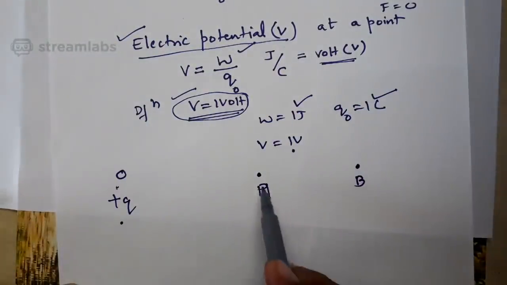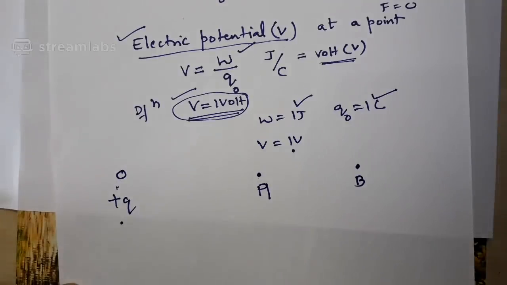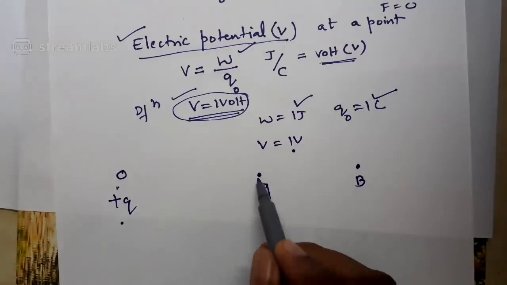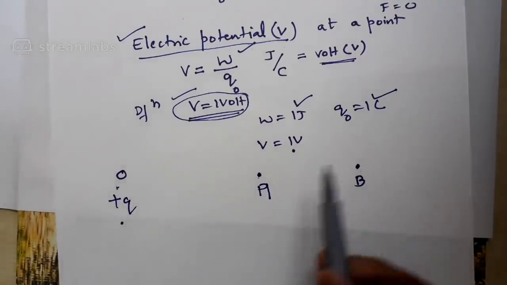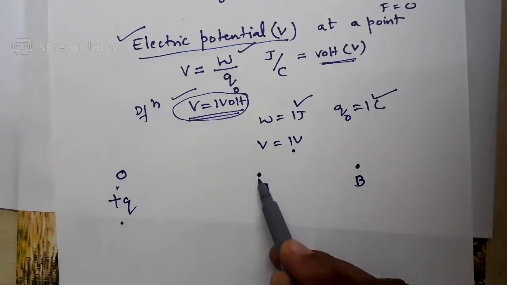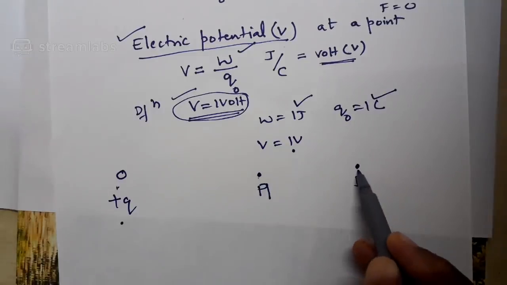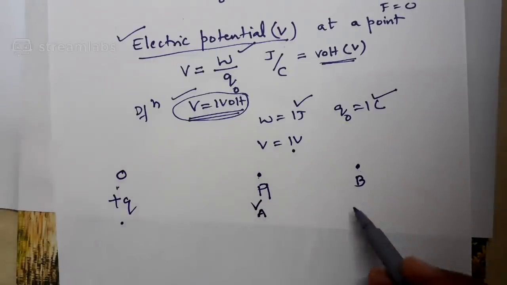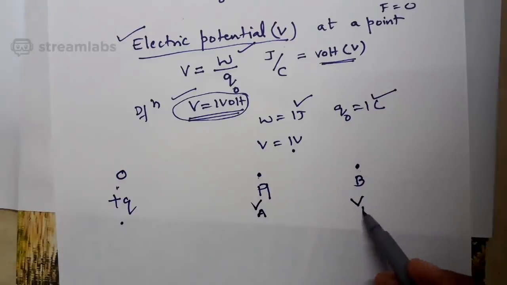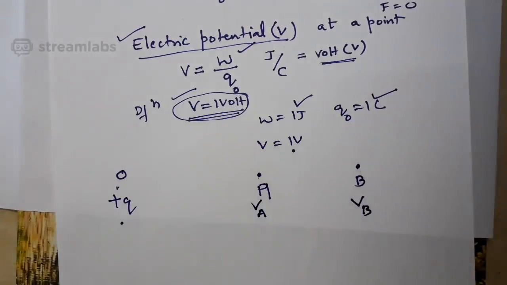In that electric field I selected 2 points, point A and point B, at a certain distance away from the plus Q charge. Now in the present situation, you know that I can define electric intensity at A, I can define electric intensity at B. You know that I can define electric potential at A, and I can define electric potential at B. Electric potential at A, let me represent it as V suffix A. Electric potential at B, let us represent it as V suffix B.